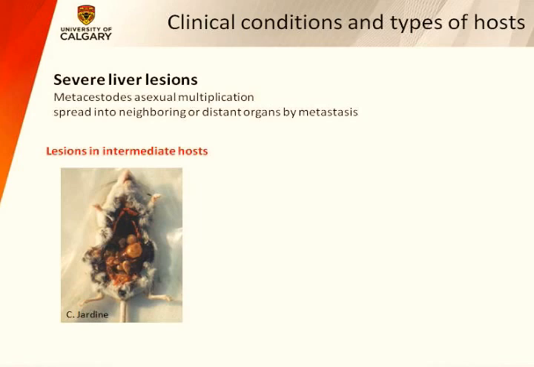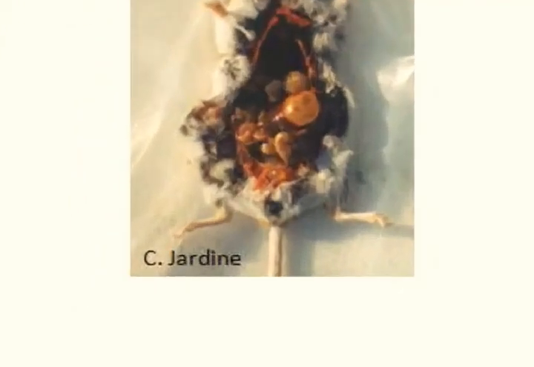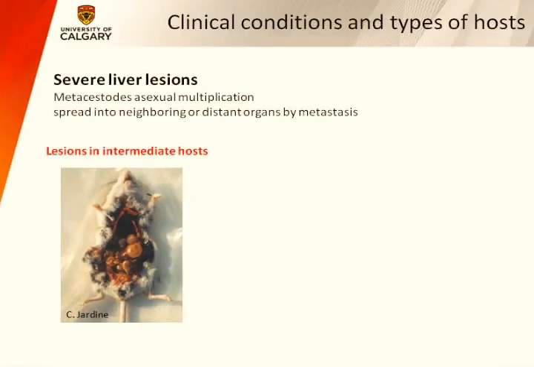So this is the kind of lesions that, when these vesicles, when these lesions erupt out of the liver, the asexual multiplication continues in the body cavity and becomes like a metastatic disease. It can be very severe.